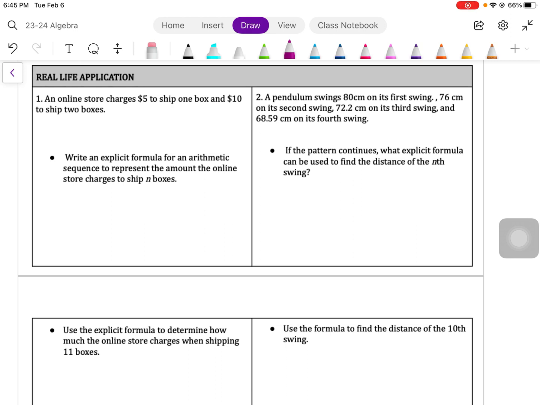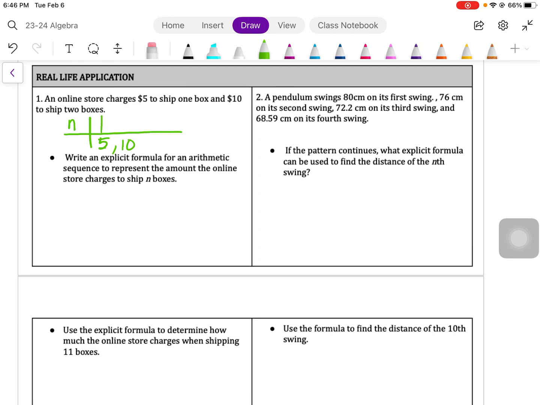It says an online store charges $5 to ship one box and $10 to ship two boxes. So the first thing I'm going to encourage you to do is create a table. The numbers in our sequence are 5 and 10, and we talked about this yesterday: we're just creating a table of values, so it's like you have inputs and outputs, an XY table, but instead we're talking about a sequence.